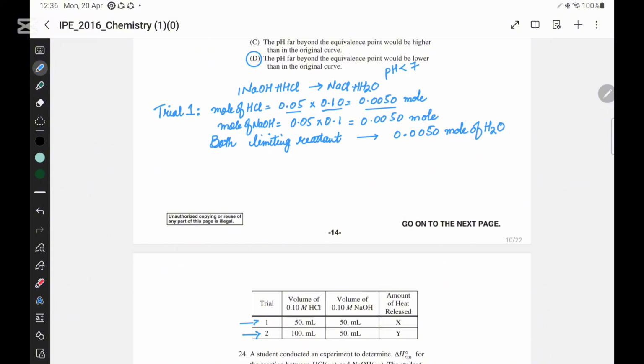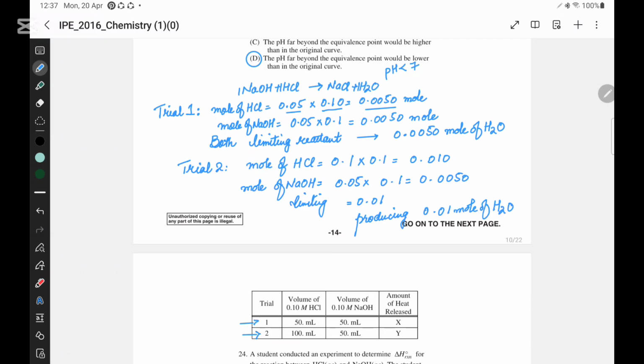Now for trial 2, you see the concentration of HCl has been increased, so the moles of HCl come out to be this one, and the moles of NaOH come out to be 0.005. As NaOH is the limiting reactant, it would also produce the same amount of moles of water.